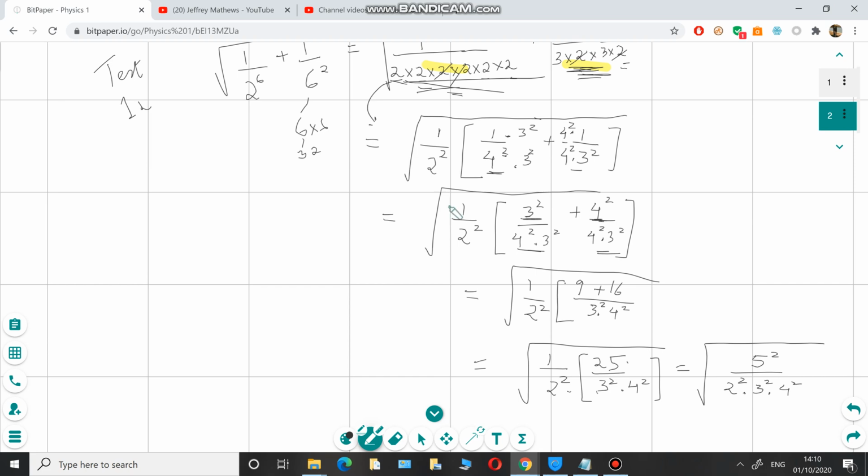The beauty of this is the square root would just disappear if you took out the squares off of each term, because they're being multiplied and divided. So this just becomes 5 over 2 times 3 times 4. I hope that makes sense.